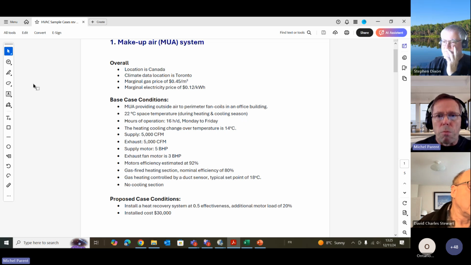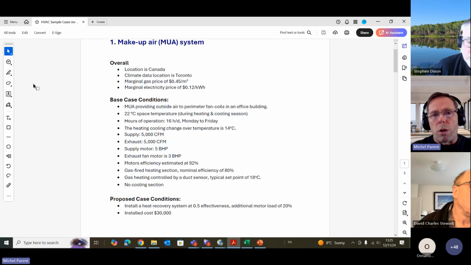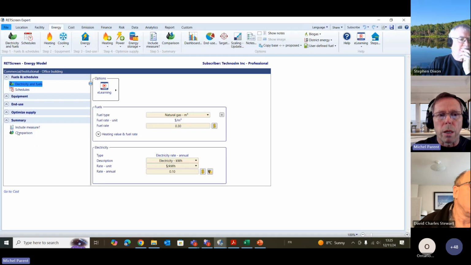Therefore, it has to be the last tier or the last cubic meter, which doesn't really apply too often for gas, but that's what you have to enter, the marginal rate on the last kilowatt hour that you buy in the last cubic meter. So we have 45 cents and 12 cents. So we're going to enter 45 cents for gas and 12 cents for electricity.